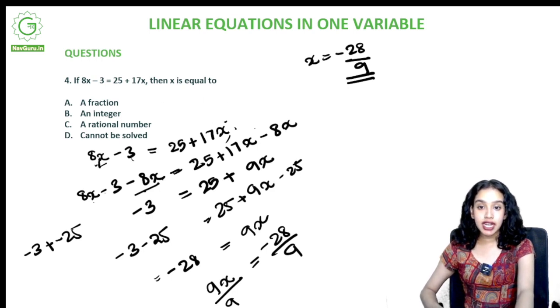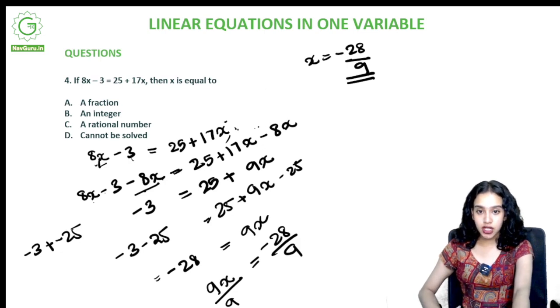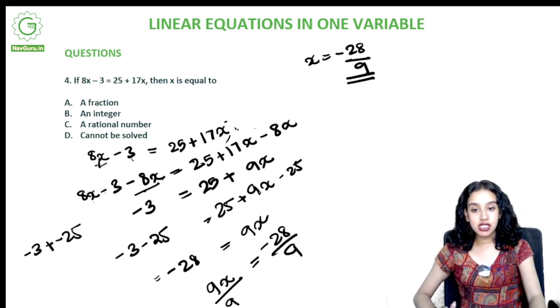But when I'm moving 8x from this side to this side, the sign of it changes. So it's minus 8x, and 25 becomes minus 25 when I'm taking it to this side. But if I'm taking this minus 3 to the other side, it would become plus 3. And when we are taking the 9x to this side, that is when it became 28 by 9, I am dividing it. Why? Because the operation here is multiplication, right? So we got the answer as minus 28 by 9.